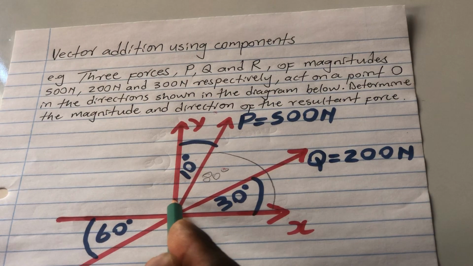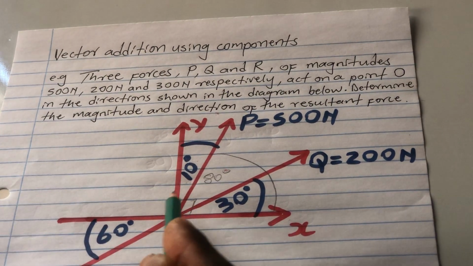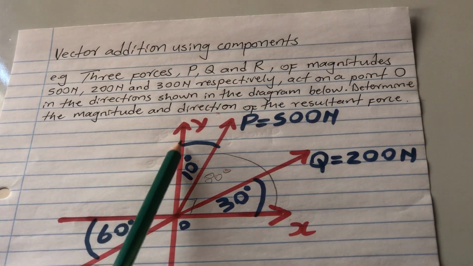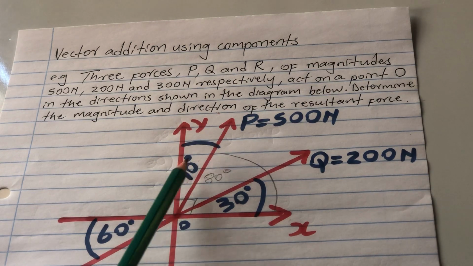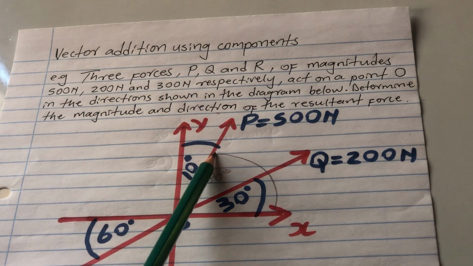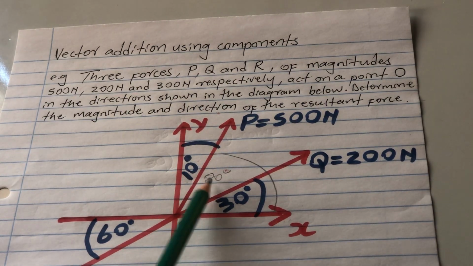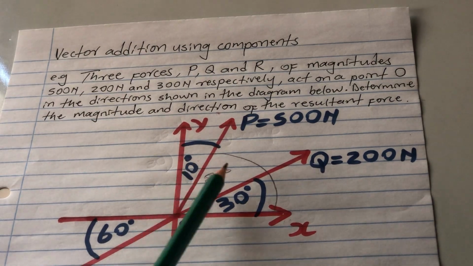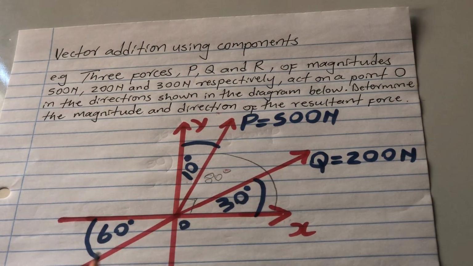We are given that from the y-axis to P is 10. From P to X is 80. If you combine these two, they'll give you 90.